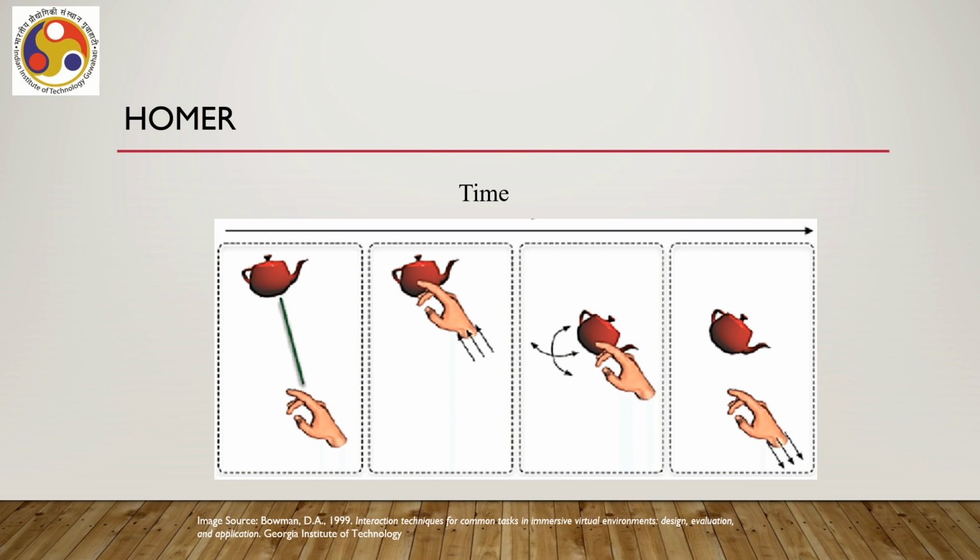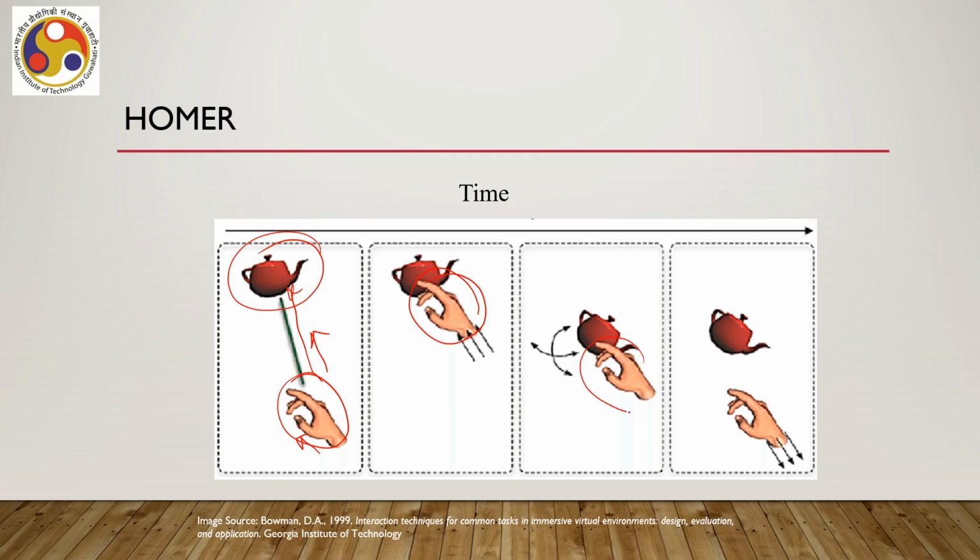An example is shown in this illustration. Suppose this is the virtual object, this kettle, and the user wants to select and manipulate this kettle. Once the ray is cast and it intersects the kettle, the virtual hand starts moving towards the kettle and then gets attached to it.